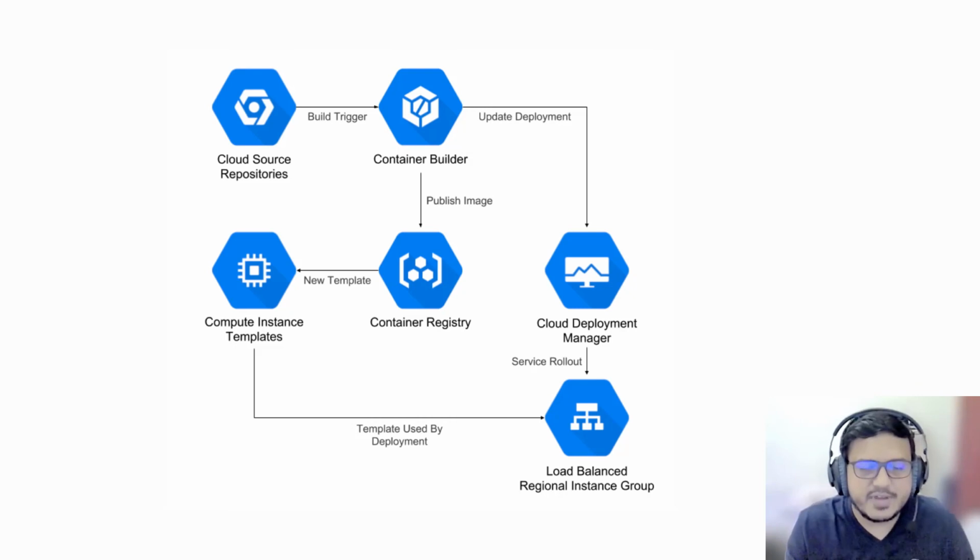Everything can be defined in that YAML file, and then you can deploy it. And to increase the performance, the resources are deployed in parallel. So in a matter of seconds, you get the infrastructure stood up.